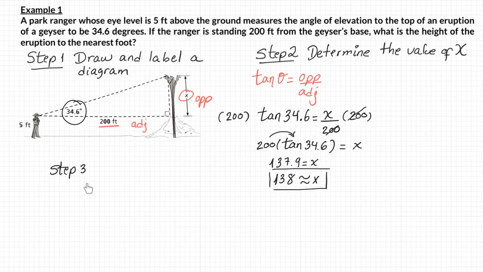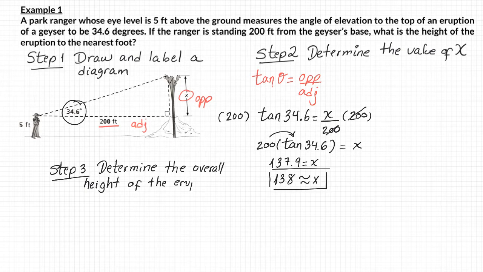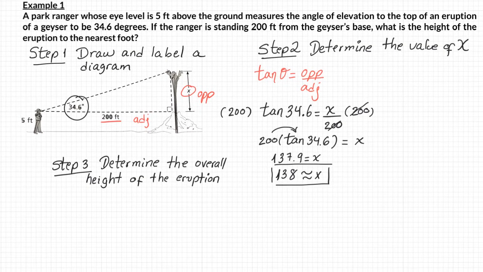So my step number 3, okay? We have to determine the overall height, from the ground up to right here, okay? So how can I do that? First, we got the x. This right here is 138, okay? To get the whole height, we're just gonna add this right here, which is 5 feet.